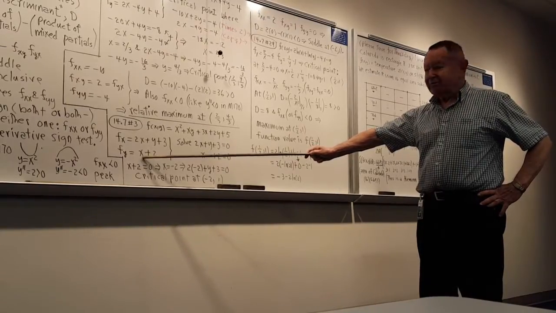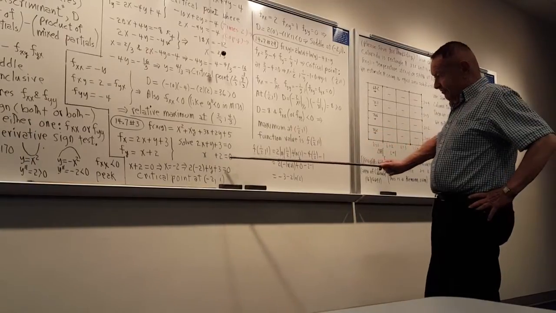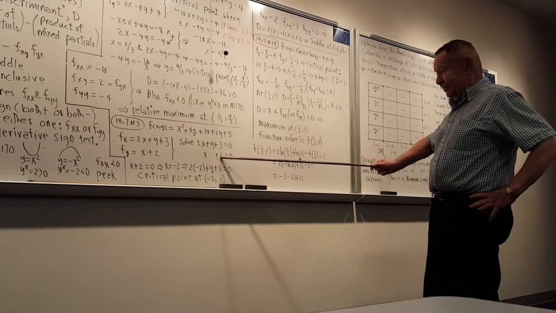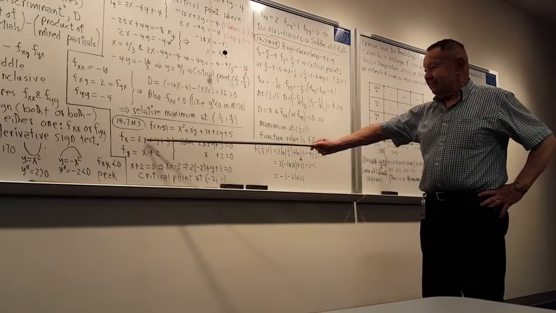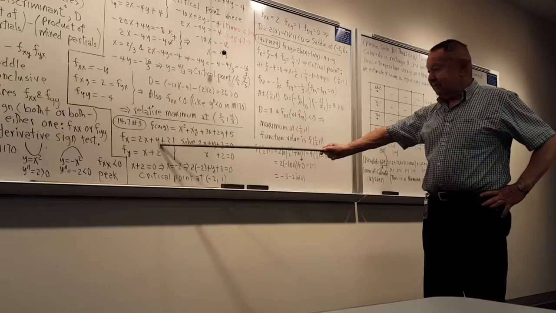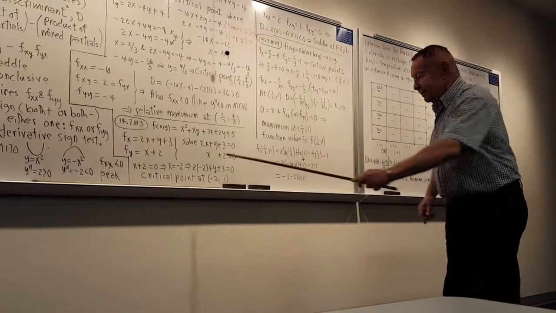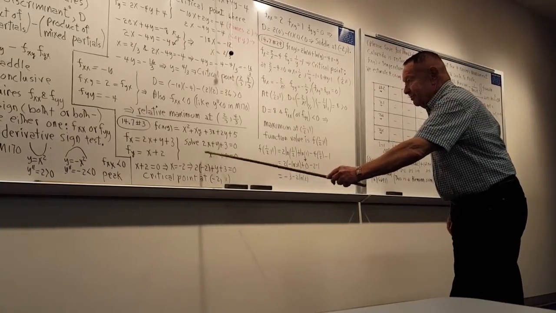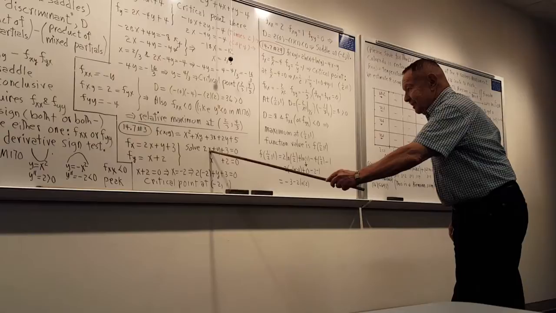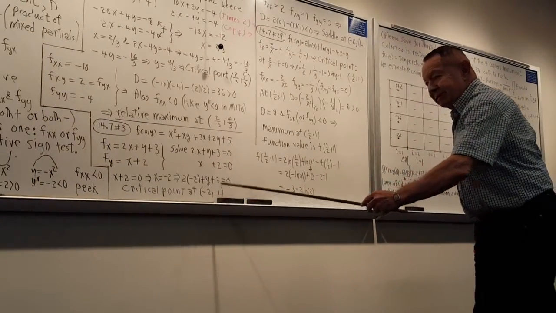So the easiest way to solve this is to set this equal to 0 first and get your x, which is -2. After you do that, you can solve this one for y, when you set this one equal to 0. So that's what I'm doing here. First I get x is -2, then I substitute there, then I solve this for y, and so I get my critical point.